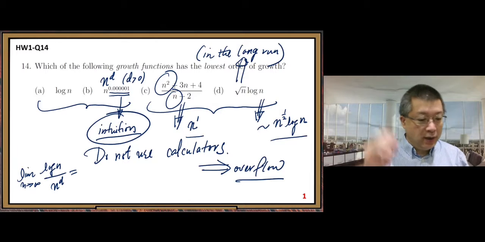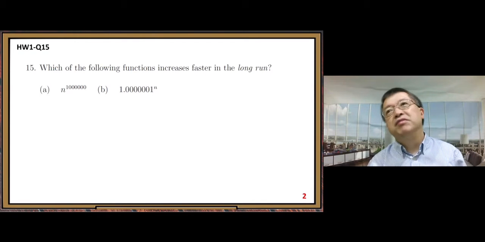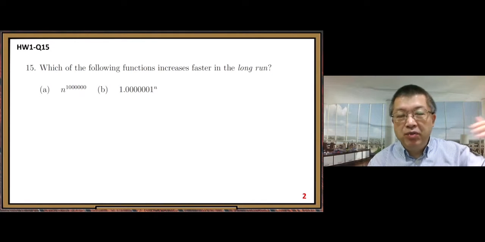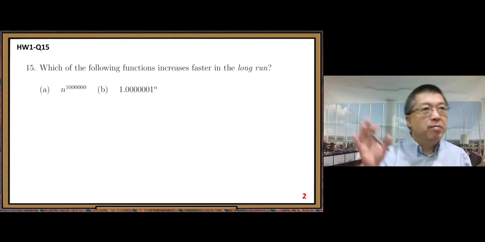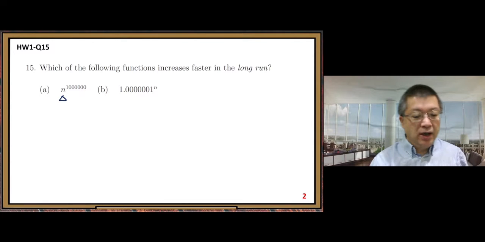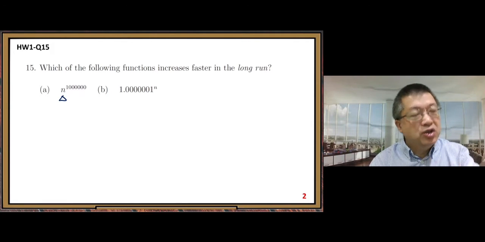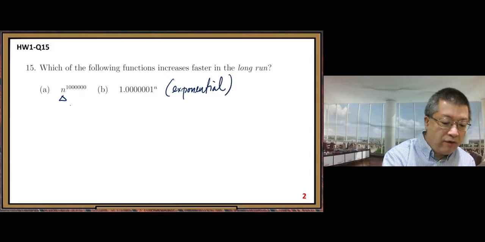All right, next question, number 15. This one is another similar example to the previous one. But here, the first one is a power function, because the variable is at the base. The second one is an exponential function. So we compare a power function with an exponential function.